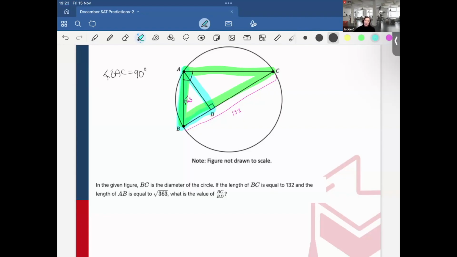So I have two right triangles happening within this triangle. So I know that triangle ABC is going to be similar to triangle ABD.